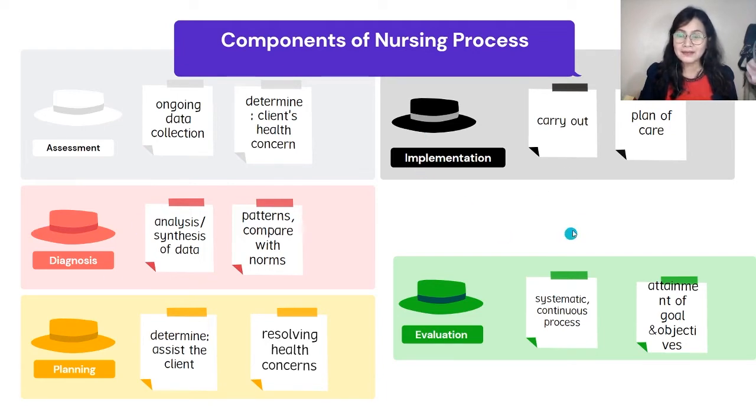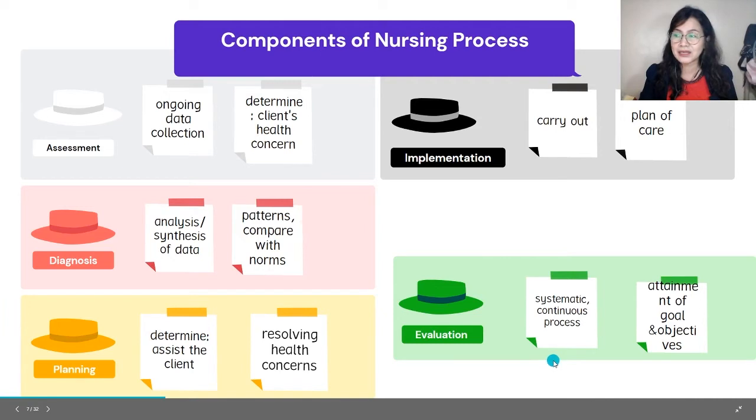Implementation involves carrying out of a plan of care by, of course, the nurse, and involving the client through the processing of health concerns. Evaluation is a systematic, continuous process of comparing the client's response with written goals and objectives of care.